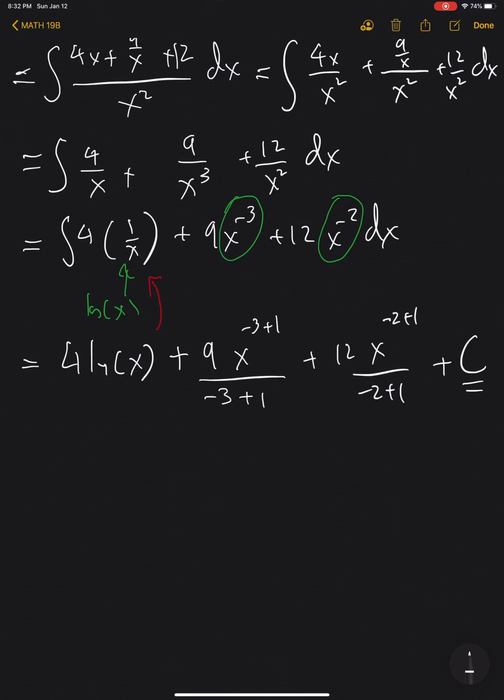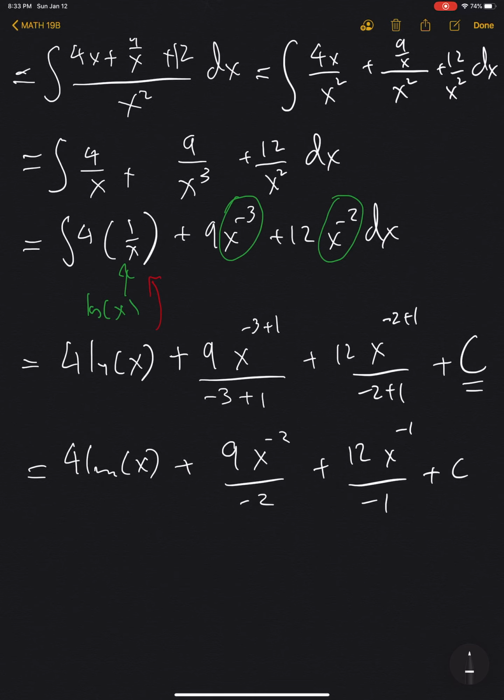So all I'm going to do now is simplify the expressions that I have. So I have 4 natural log of x plus, this will give me 9x to the negative 2 divided by negative 2, plus 12x to the negative 1 divided by negative 1, plus c.